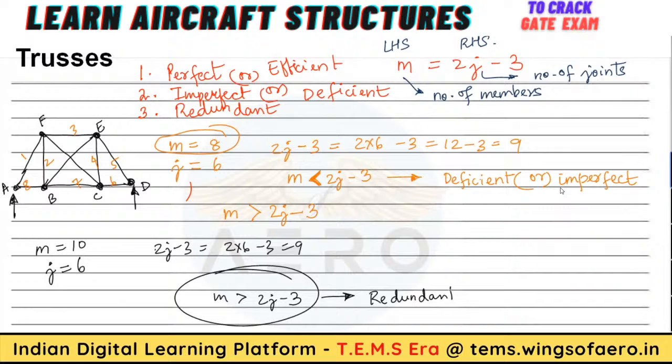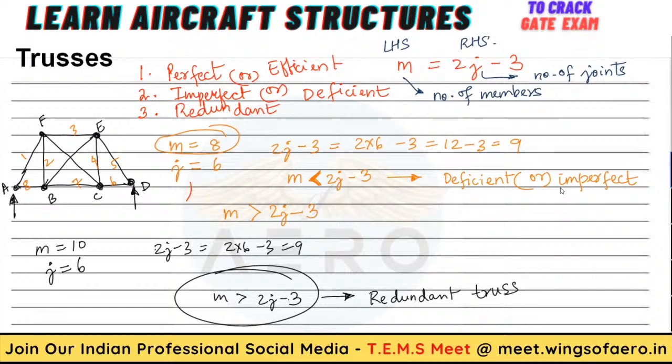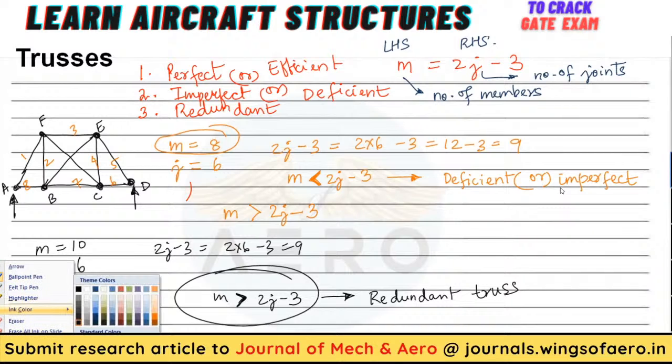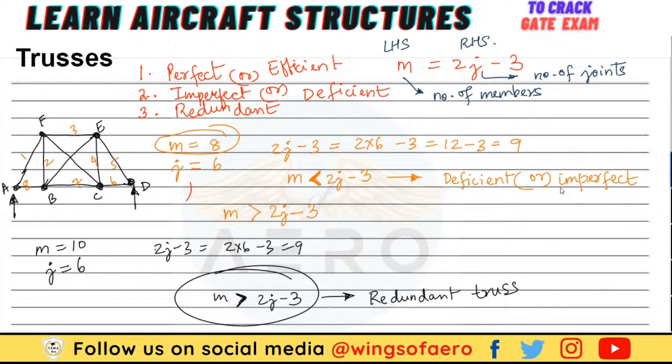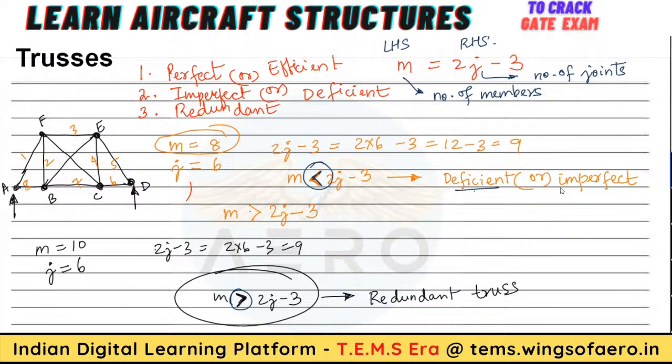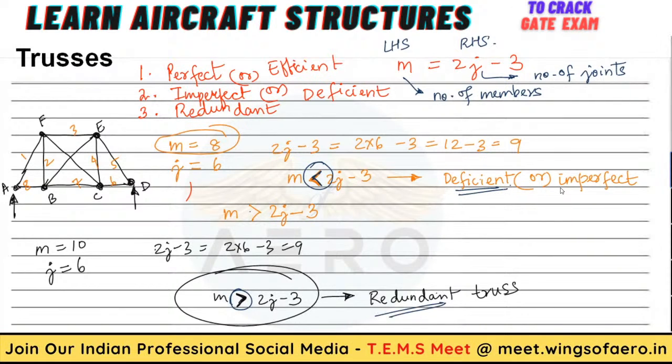Redundant truss. When we have redundant, the name itself you can understand means excess, something which is in excess. So when it is greater than, it shows excess; less than, it shows it is less, that means deficient. Using this word, you can also remember that thing.